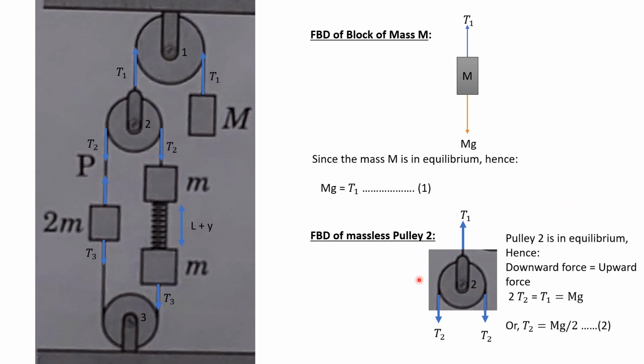This pulley is also in equilibrium, as in the question it is given, the whole system is in equilibrium. So it means downward force will be equal to upward force, right? So 2T2 will be equal to T1, and that is equal to Mg from equation 1. So tension T2 has become capital M into g divided by 2. So this we have named as equation number 2.